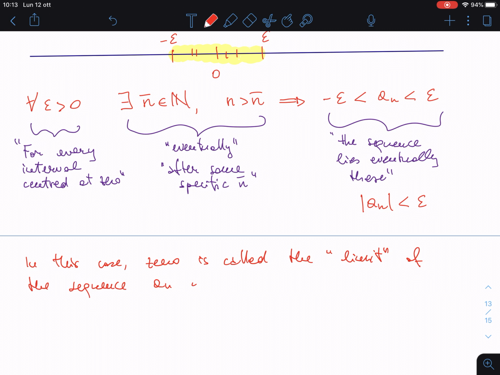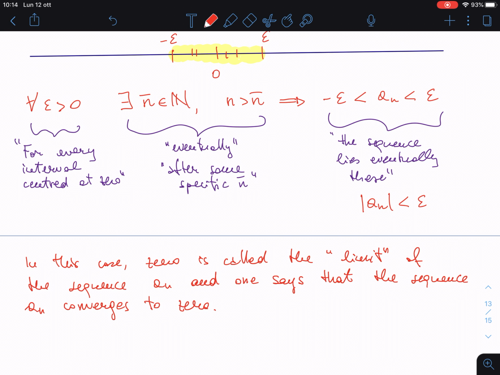And one says that the sequence an converges to 0. But of course, one can think of sequences converging but not at 0.